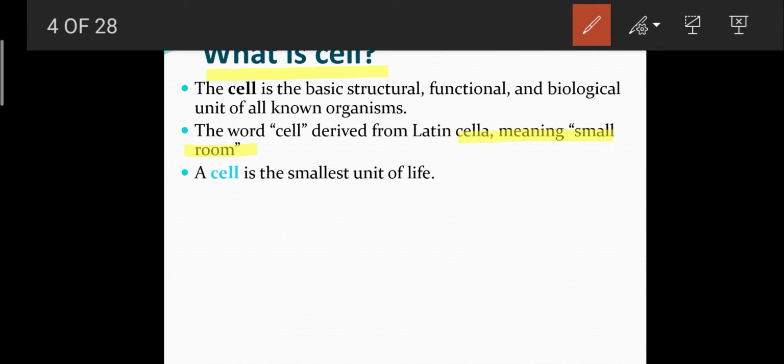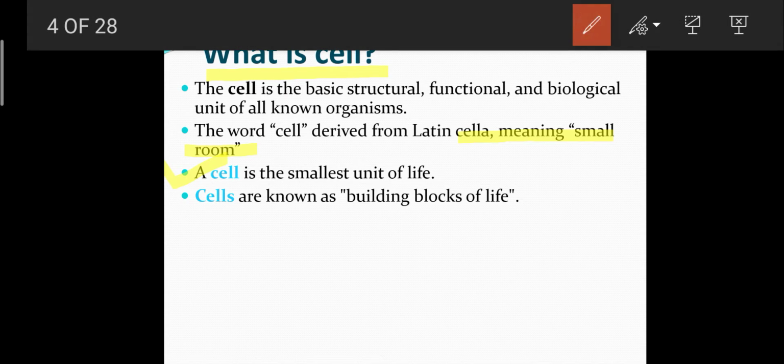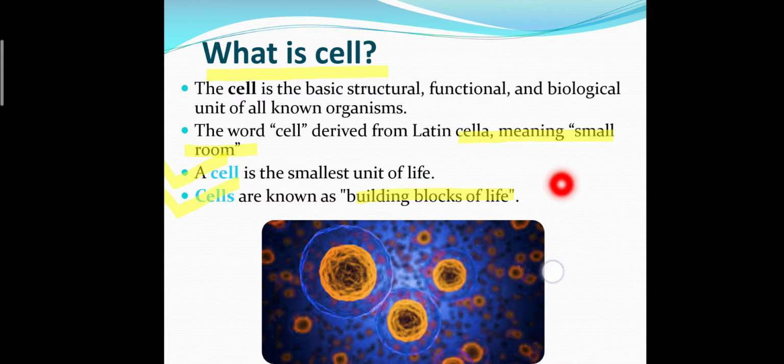The cell is the smallest unit of life and is also known as the building block of life. In this diagram you can see that there are millions of cells. A human body is composed of millions of cells.